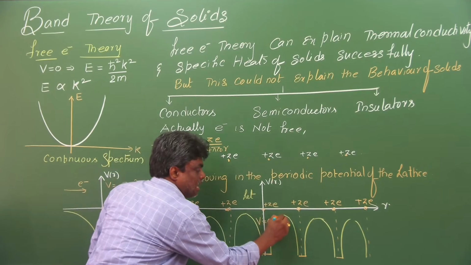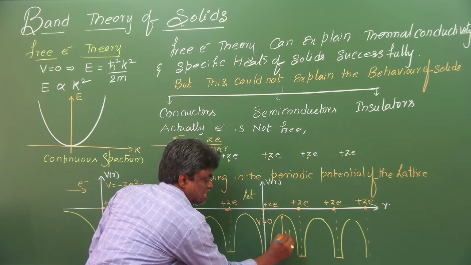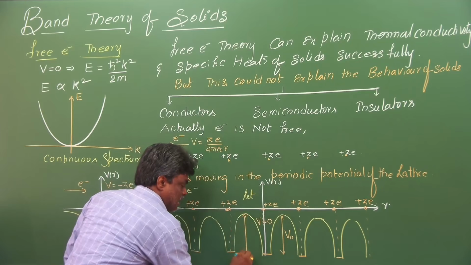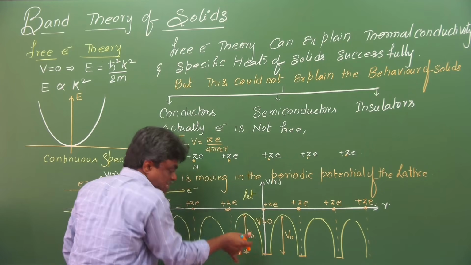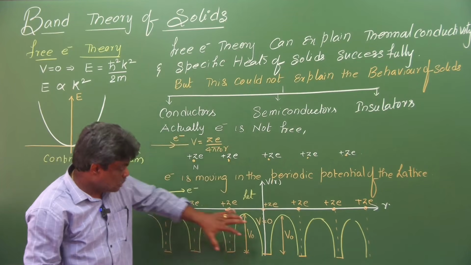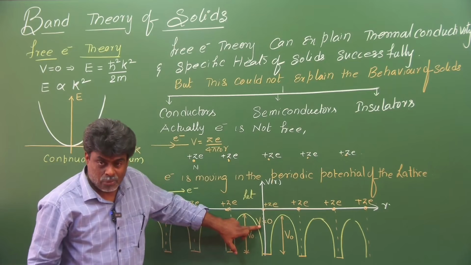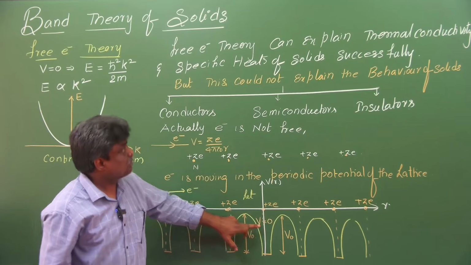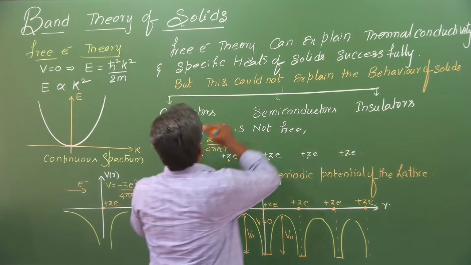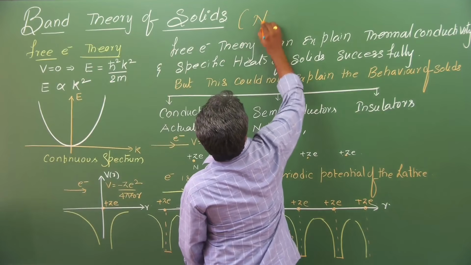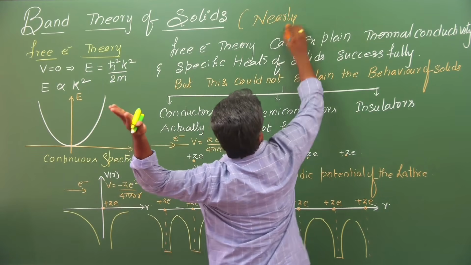And the barrier height outside, I am taking as V naught. That's it, because this is the barrier height. And I am assuming the electron's potential energy is 0. That's why what you are studying is called the nearly free electron theory.